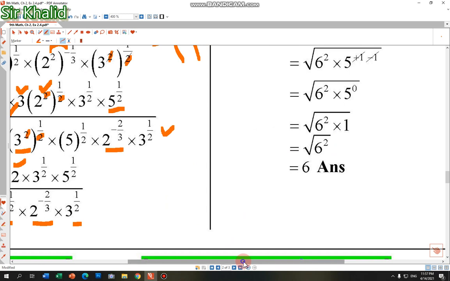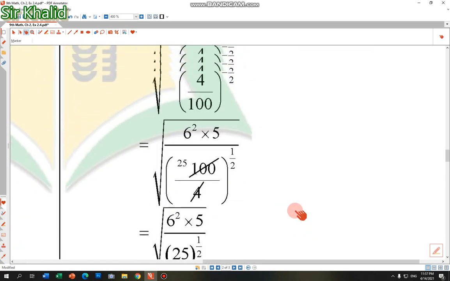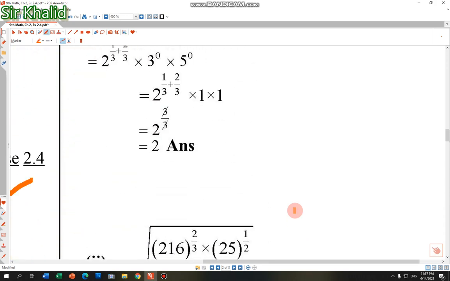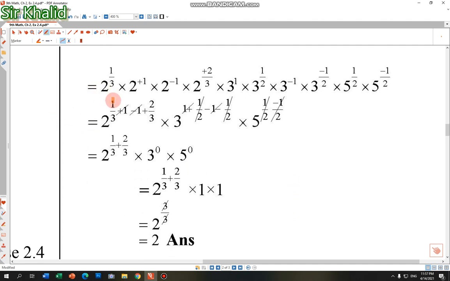Now simplify the similar terms. Shifting their exponents to the numerator, it will give you 2 to the power 1/3, 2, and 2 to the power minus 1. Then when the bases are the same, you see 2, 2, 2 and 2, their powers will be added like this. So plus 1 will be minus 1, 1/3 plus 2/3 will give you 3/3.